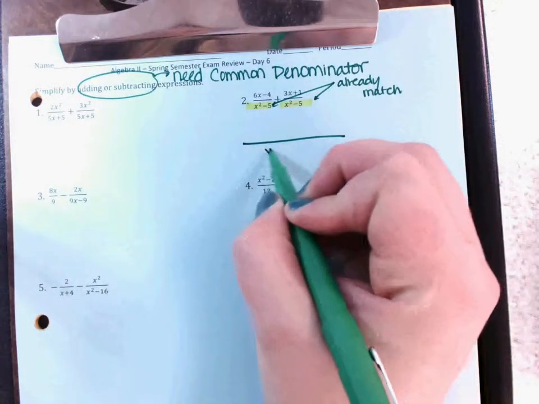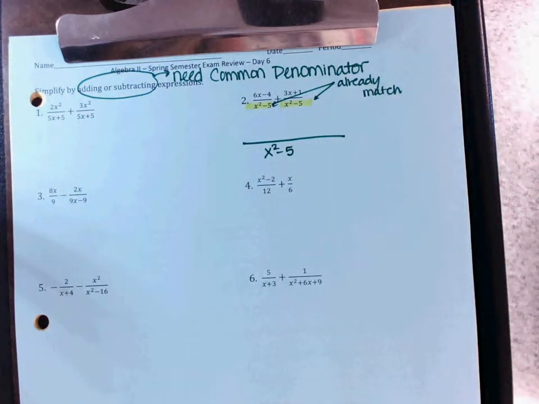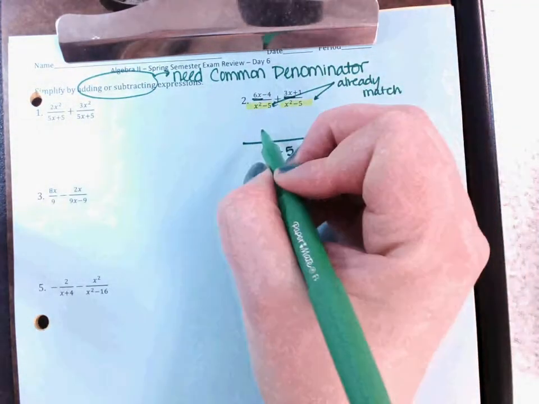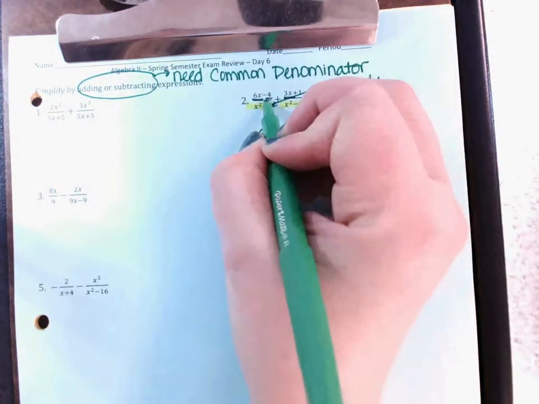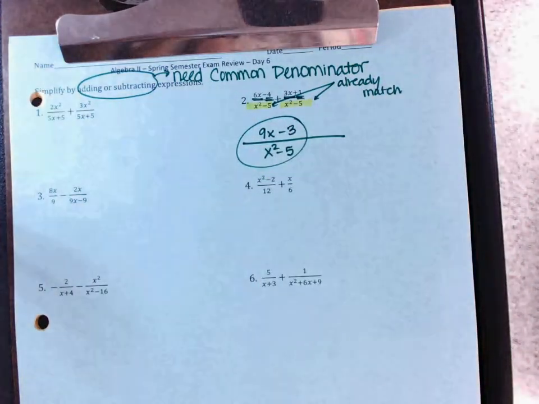So I'll have x squared minus 5 on the bottom, and then I'm just going to combine like terms on the top. If I have a 6x and a 3x, how many is that? 9x, and then negative 4 plus 1 is negative 3, and that's your answer.